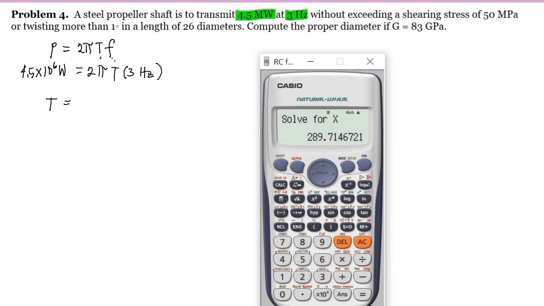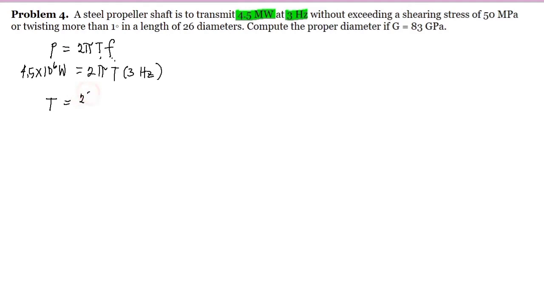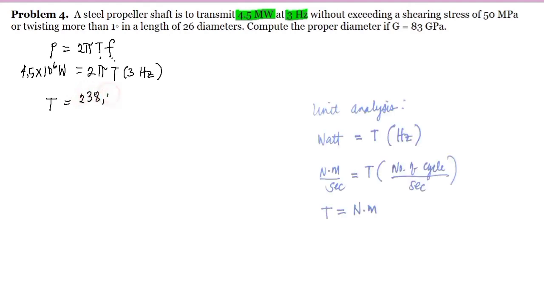Shift, solve equals, and that would give us 238,732.41 Newton meter.